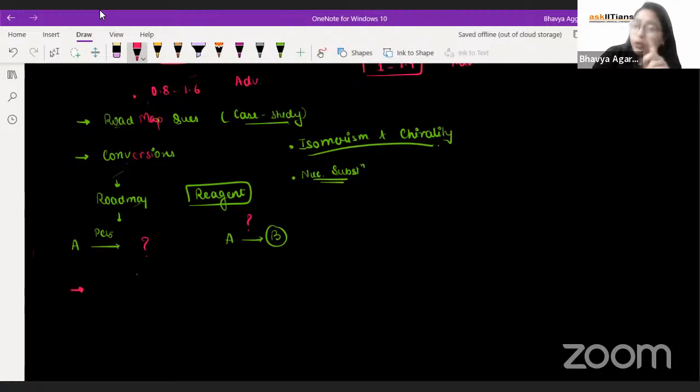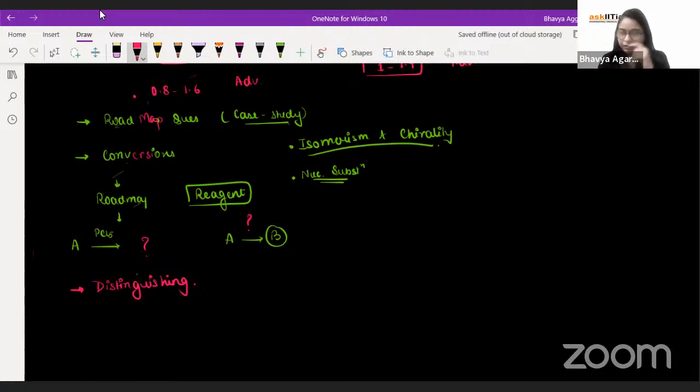Third, which has always been the case of CBSE, is the distinguishing part. Usually CBSE used to keep almost 3 marks in your board examinations for distinguishing tests.